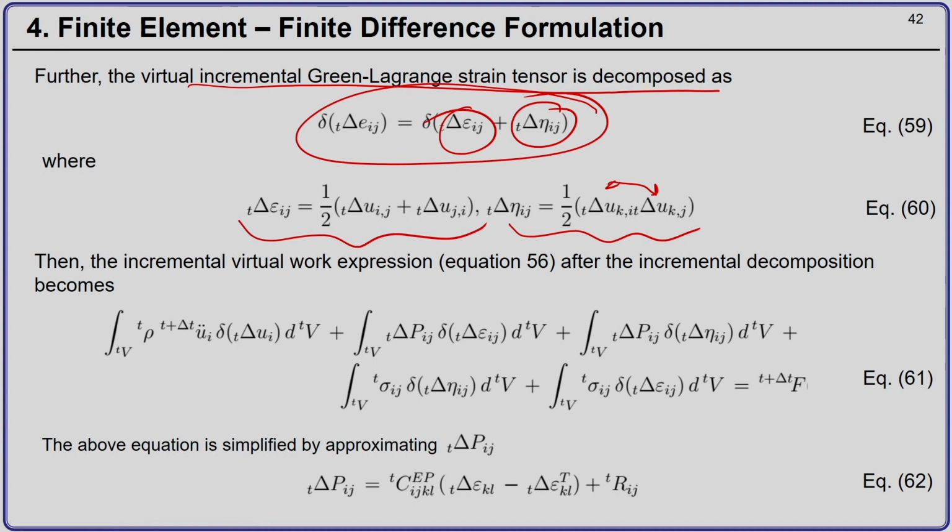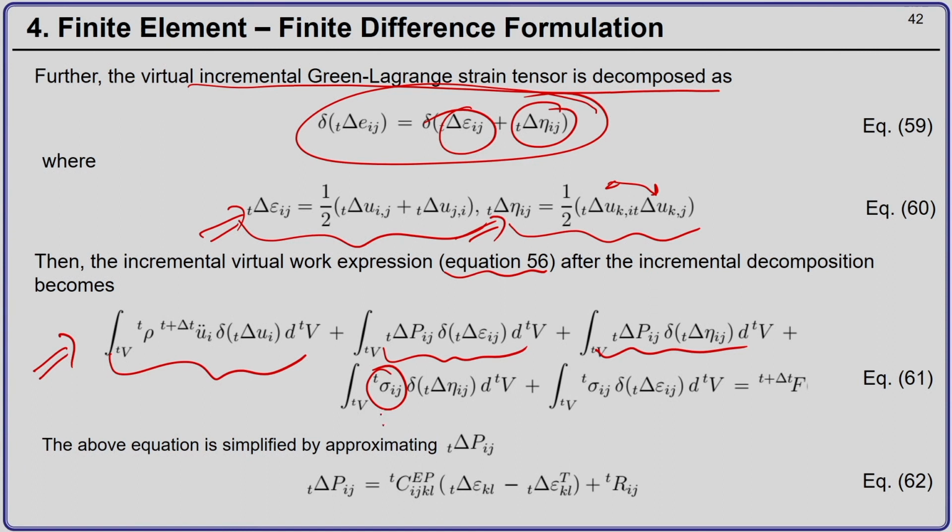Now if you substitute these expressions in the previous equation 56, you will get the following expression. You will have the inertia forces, you have delta P times the linear part plus the non-linear part, and this was anyway your tPij. So you have this expression and then you have this expression.